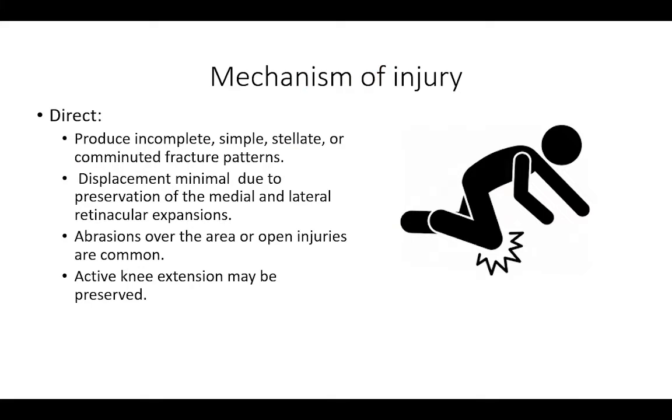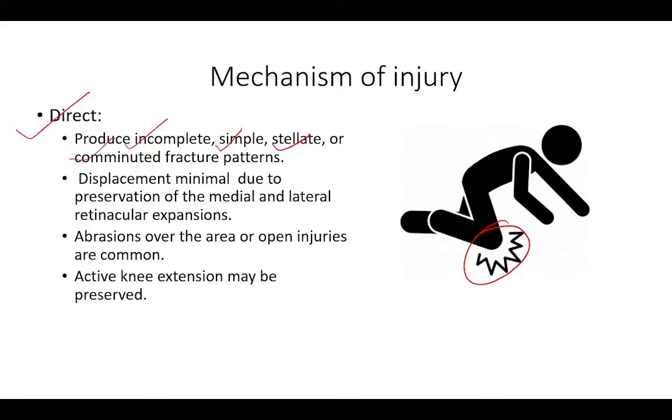The mechanism of injury to the patella can be either direct or an indirect injury. In the direct injury, the patient will fall directly on the patella, which will produce a specific type of fracture pattern, which can be an incomplete, simple, stellate or comminuted fracture pattern.